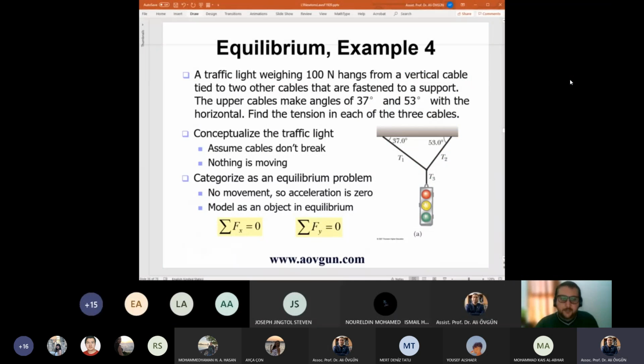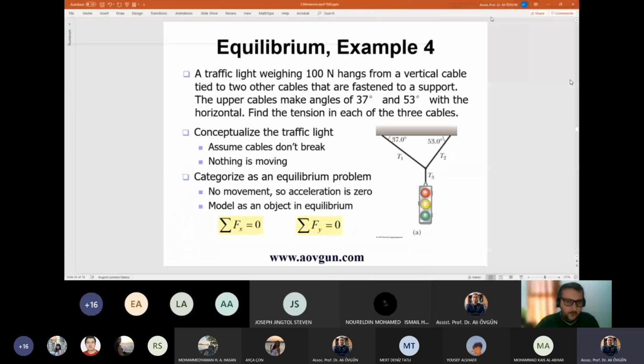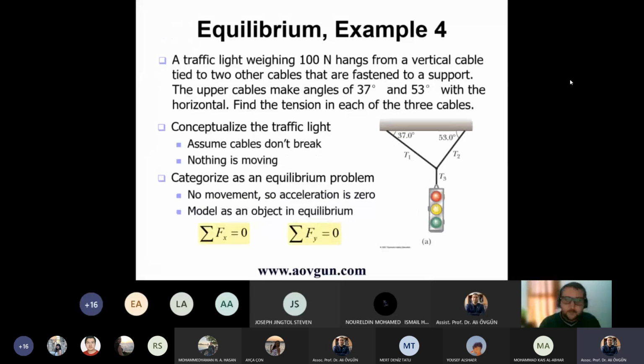And related to equilibrium, there is another example. Let's look at this example. A traffic light weighing 100 Newton hangs from a vertical cable tied to two other cables that are fastened to a support.